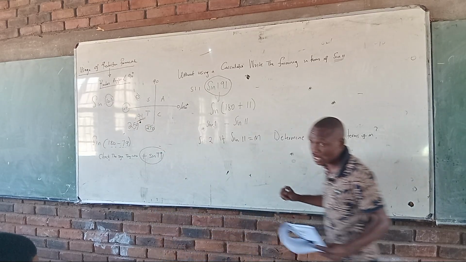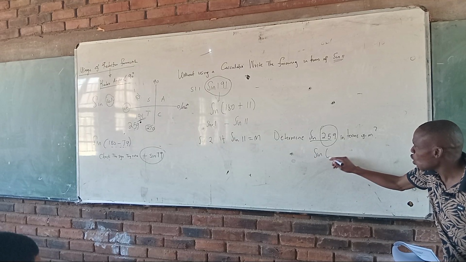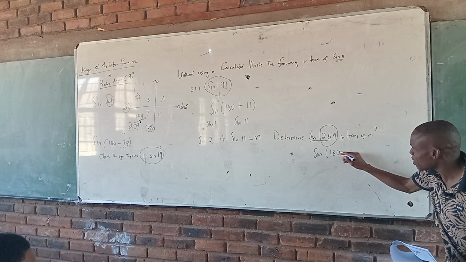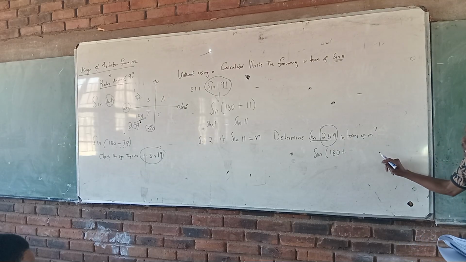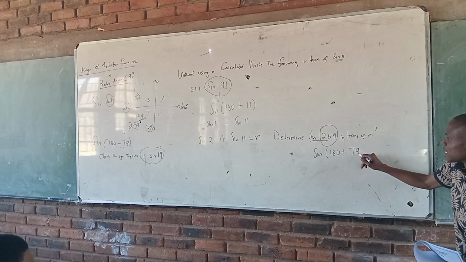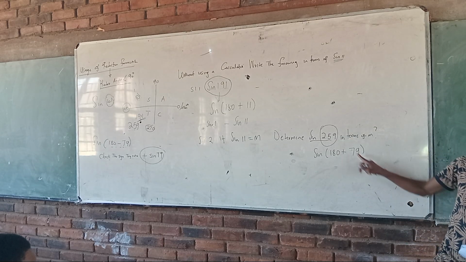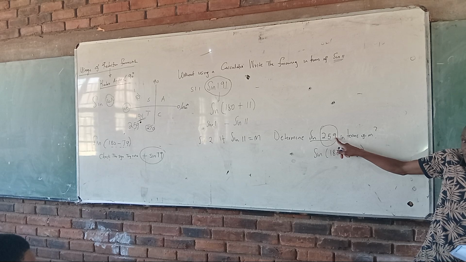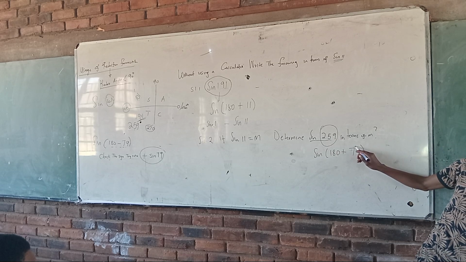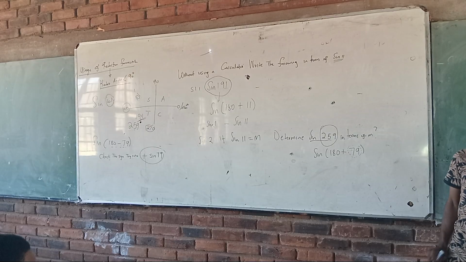Now if you say sine 180 plus, what can you get? 79. If you say sine 180 plus 79, yes, you get 259. But the problem now is this angle here. It has got nothing to do with 11.